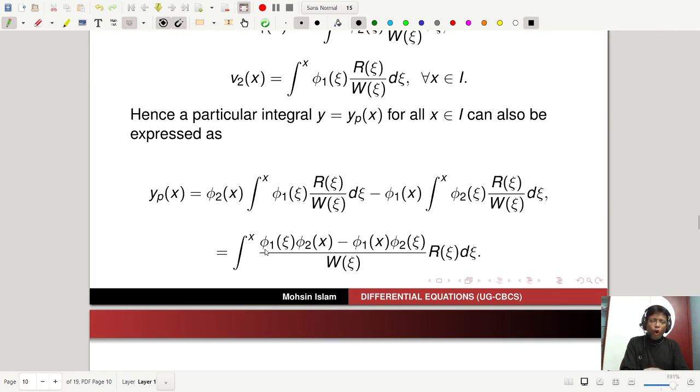This is valid for all x belonging to I, and yp takes this form. For any particular x naught, you can calculate this integration.